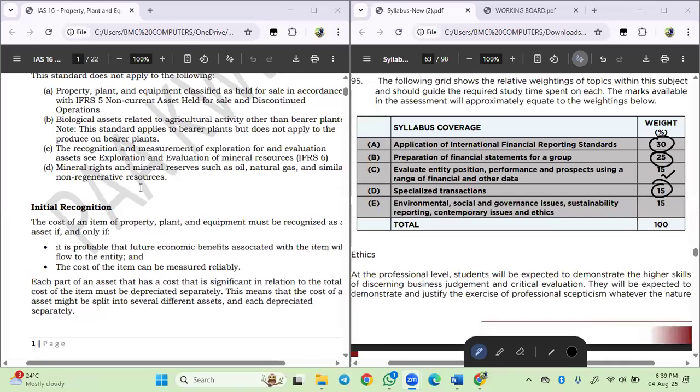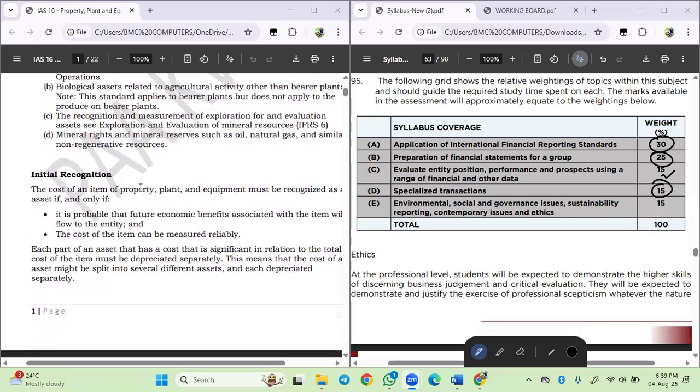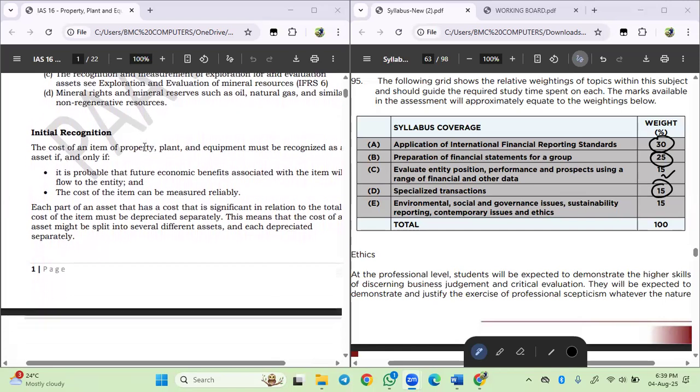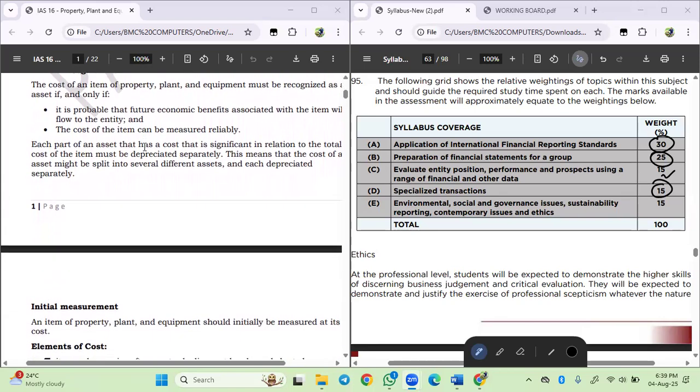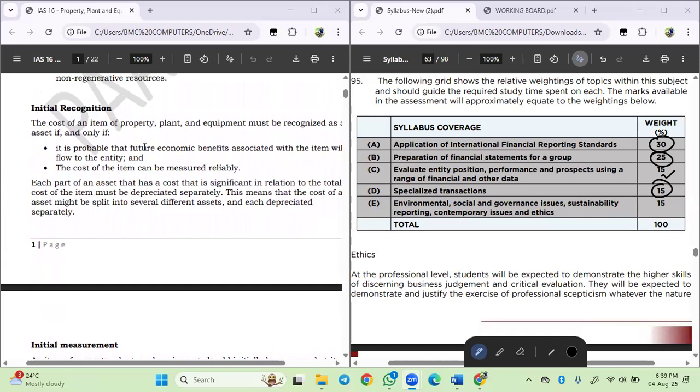So recognizing means you are capturing that particular item, whether PPE or an item of PPE, or an asset or liability, capturing it in the financial statement, mostly the statement of financial position. We know that the elements of the statement of financial position are 5. We also have the components to be 5.